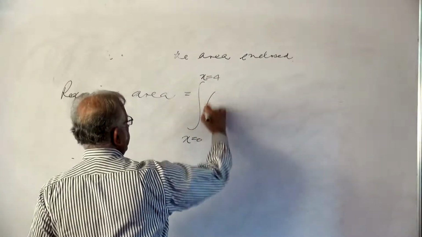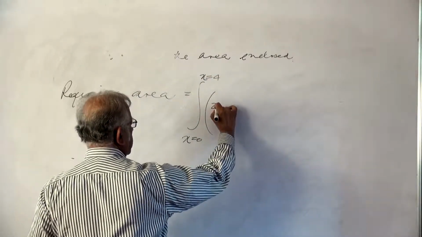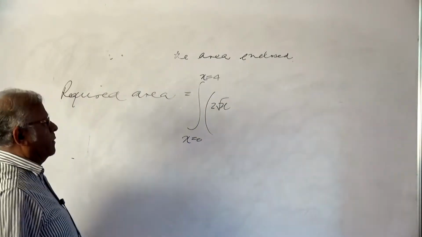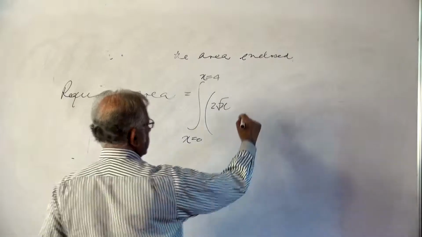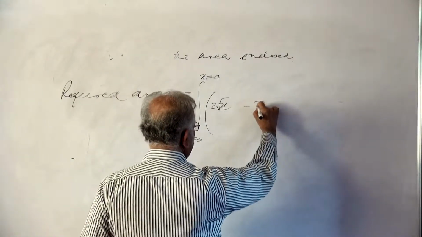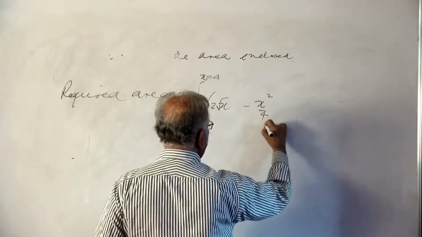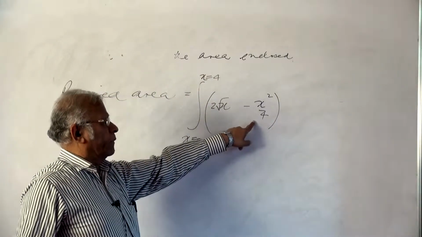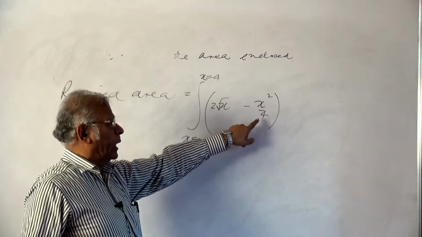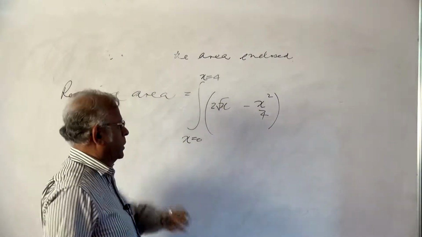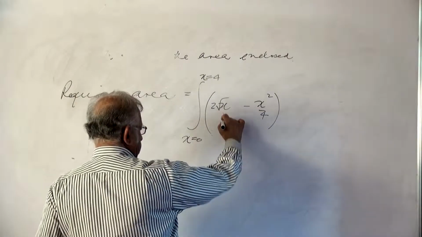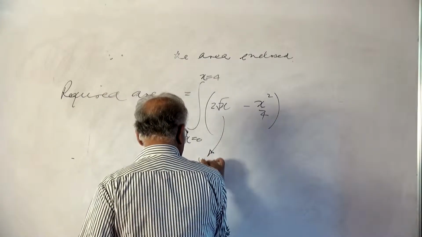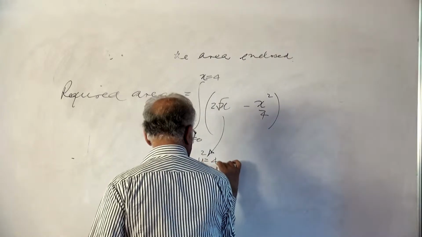The upper curve had an equation of y2 is 2 root x, because y square is 4x. x square is equal to 4y, that is the lower curve. So x square is equal to 4y means y lower is x square by 4. I'll put down the values of the curves. This comes from y square is equal to 4x.